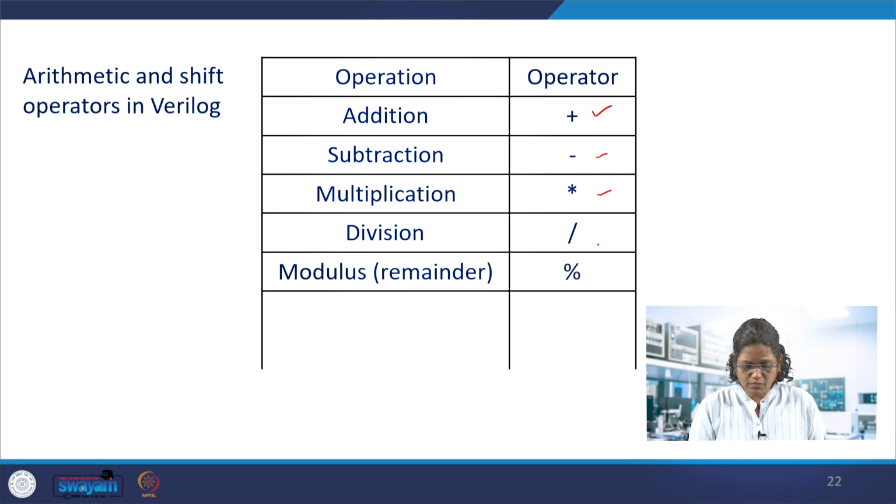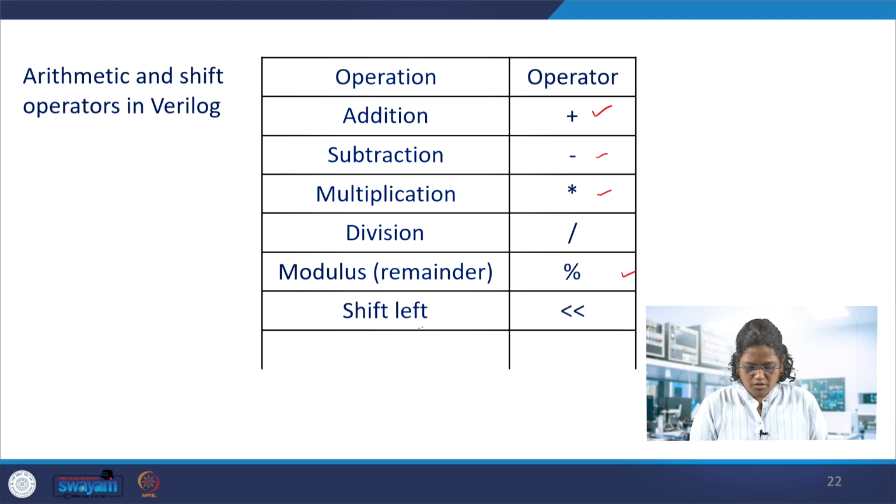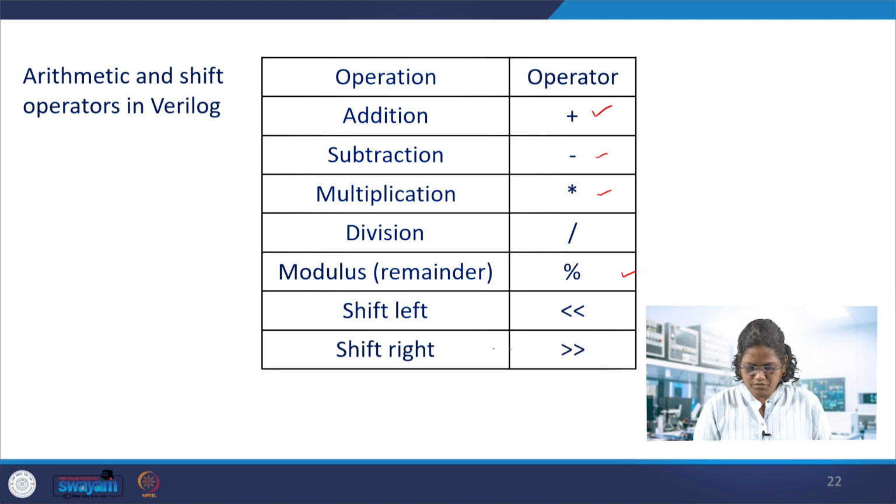The percentage symbol, the modulus, which gives the remainder, is a percentage sign. Shift left is the less-than symbol twice, and shift right is the greater-than symbol twice. So these are the left shift and right shift operators.